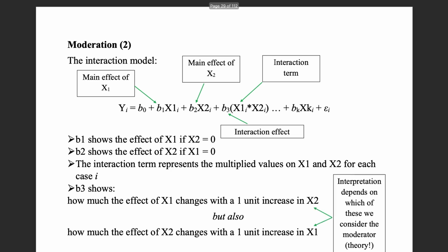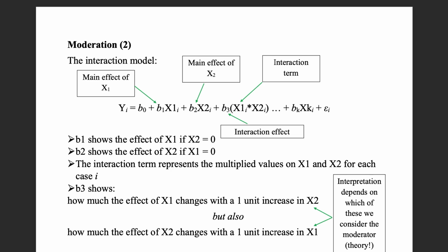Which one of these interpretations you choose as a researcher depends on which one of these two variables, x1 or x2, you consider to be the moderator variable. So if x2 is your moderator variable, as we started out with in this conceptual model, then we would follow the first interpretation: the B3 coefficient tells us how much the effect of x1 changes with a 1 unit increase in x2, because x2 is the moderator that modifies the relationship between x1 and our dependent variable.